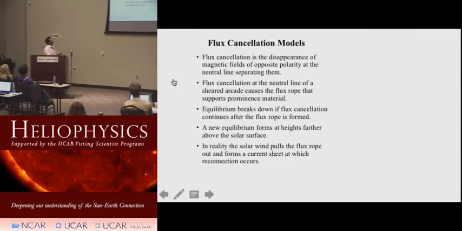The idea with flux cancellation is the disappearance of magnetic field of opposite polarity at the neutral line. That's what's happening. You can read through the details later, and I'll put the new version of this talk up on the web, so you'll have that.